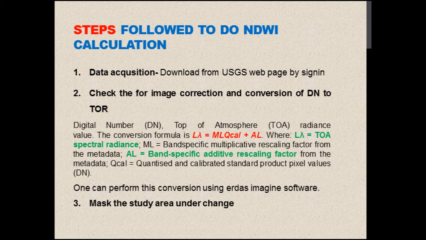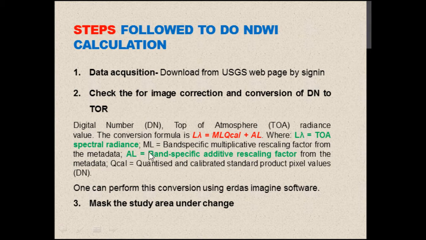So the first step is data acquisition. The second one is to check the image for correction and convert the digital number to top of atmospheric radiance value. So the equation to convert this digital number to top of atmosphere radiance: the top of atmosphere spectral radiance can be equated with the band specific multiplicative rescaling factor from the metadata.